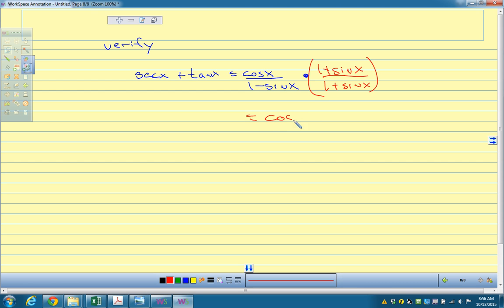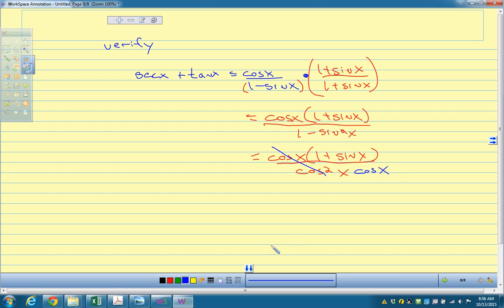The other thing to be careful of is do not distribute through that top part until we do something down here, because something's going to cancel out. What's 1 minus sine x times 1 plus sine x? 1 minus sine squared, which is cosine squared. So I have 1 plus sine x over cosine squared x, and I can cancel one of those cosines, so all I have is a cosine x down here.